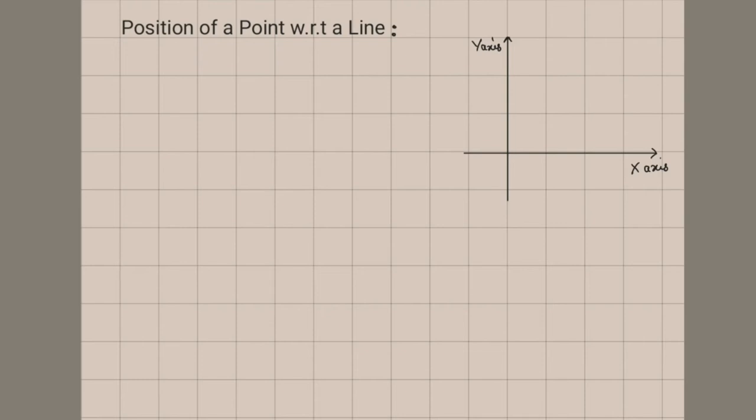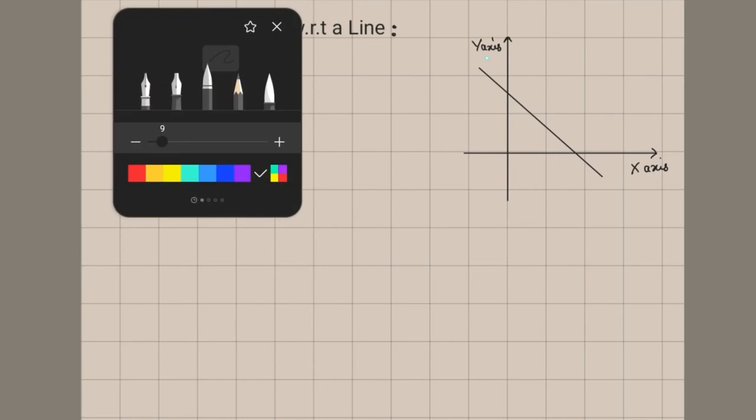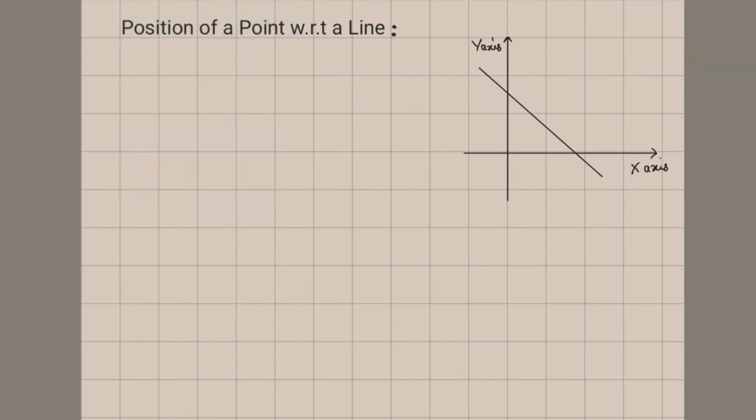Suppose there is a line L. Let's say this line is ax plus by plus c equal to 0, which is the general form.